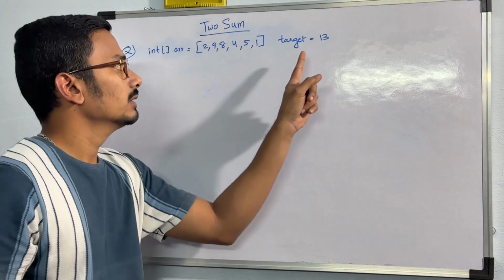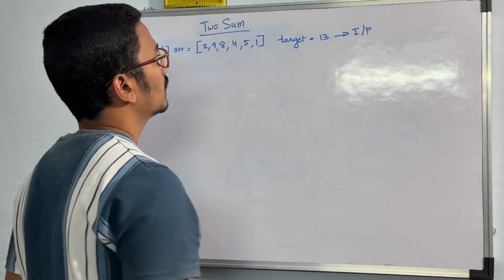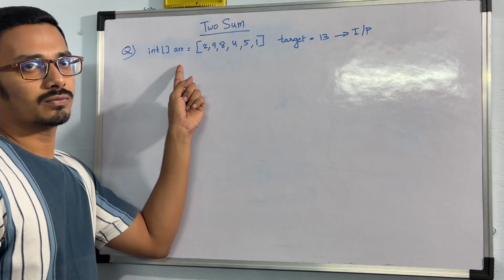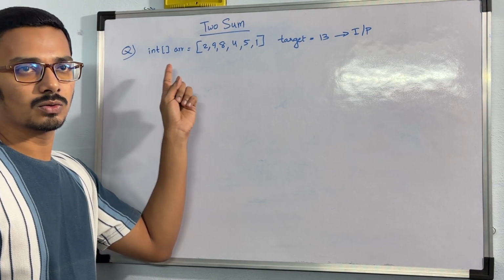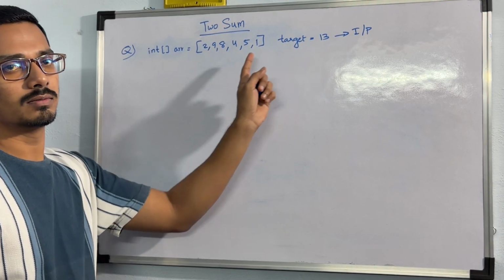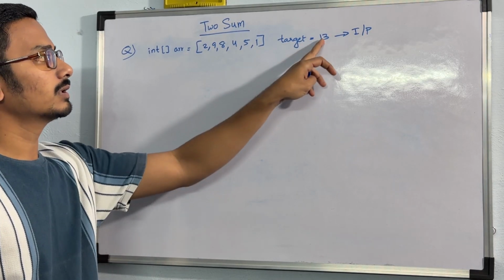Okay, so I'll write this down here, input and output. They will ask for an integer array of indices of two numbers which will create the sum. If we add those two numbers' values, it should be equal to this 13.